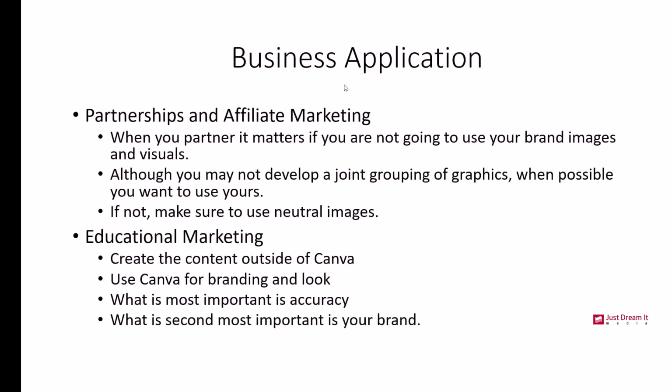Then what's second most important is going to be your brand. So if you're going to produce things, first of all, make sure they're accurate when the person reads it, but definitely it ought to brand you. It ought to talk about the things that your business talks about. It ought to lead people to your other products. When you start talking about educational marketing and education through a lead magnet, it's more than just sticking your affiliate link in there.